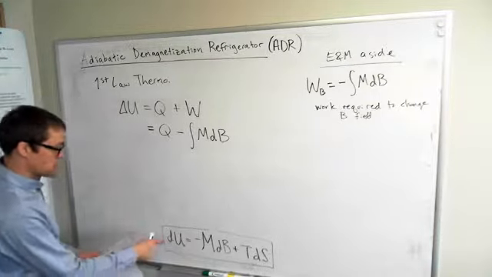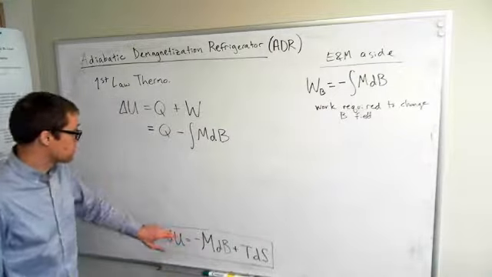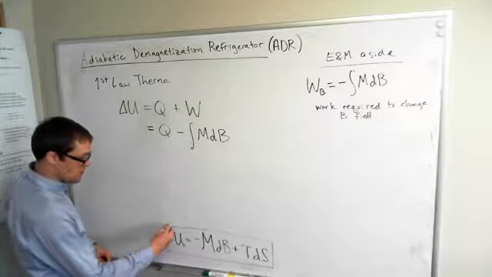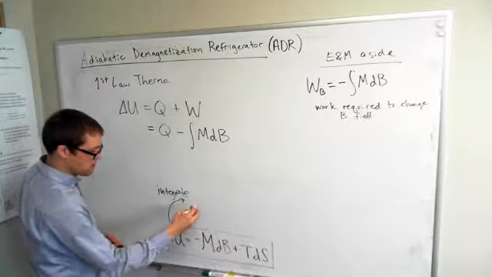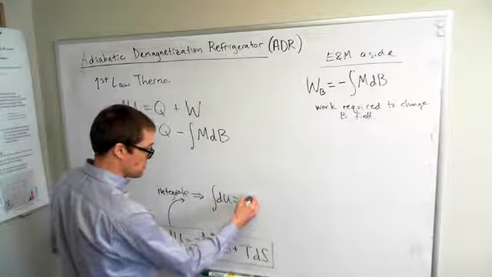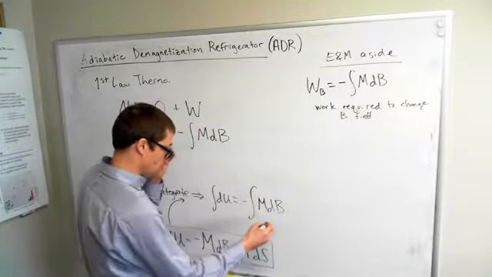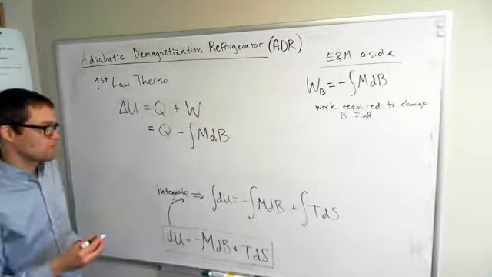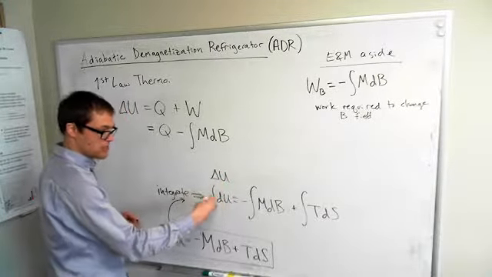Let's finish thinking about this. So if you take your thermodynamic identity here and you relate it to this expression, so if you take this expression and you integrate it, then you get an integral of dU equals minus integral of m dB plus the integral of T dS. Right? And this left-hand side here is delta U. That's a change in energy.